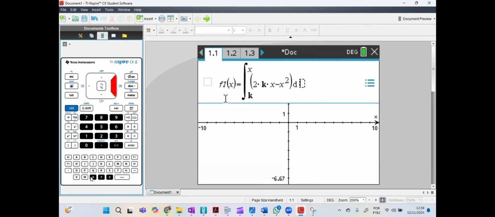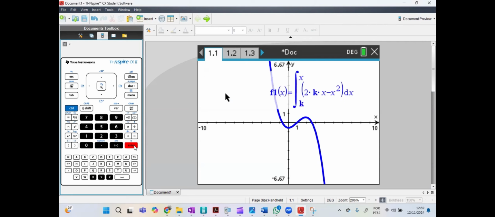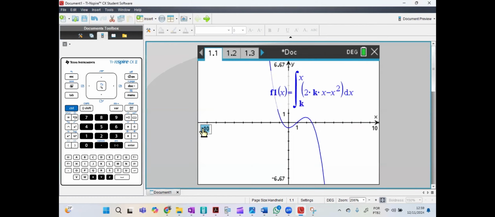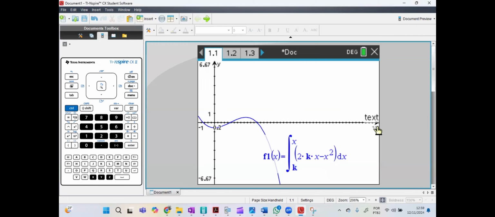If we want to look at this closely, then we can change this value to -1, for example, and here to 1 or to 2.